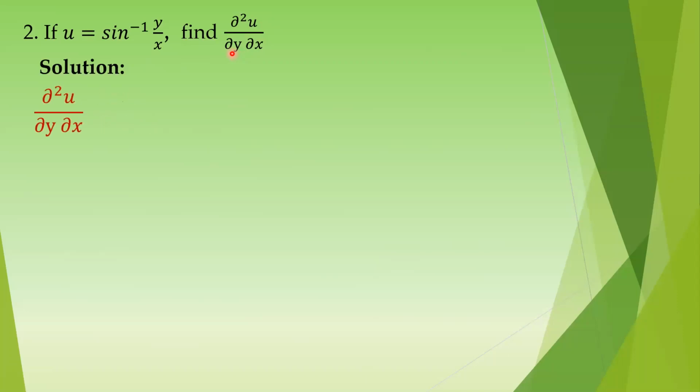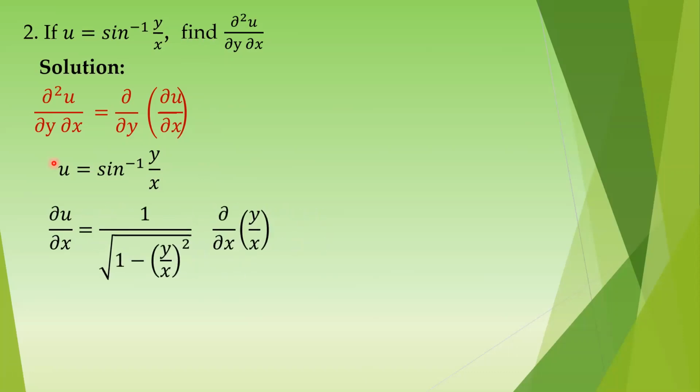Solve natin. So itong symbol na to, yung ibig sabihin yan, is we're going to differentiate u first with respect to x. So, yun nga. After differentiating, pagka-simplify mo nun, ang gagawin mo naman with respect to y na. So, yun yung kanya magiging sagot. Sige. So, u equals arcsine of y over x.